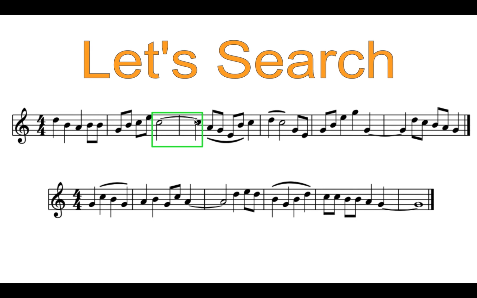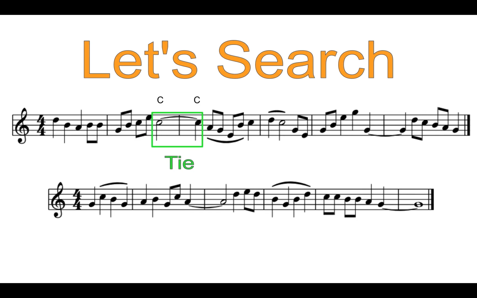Now we have to figure out if it's a slur or a tie. So what we're going to do is look at the notes. And we have a C, on our middle space, connected to, oh look, another C. Therefore, this one is not a slur, it's a tie.